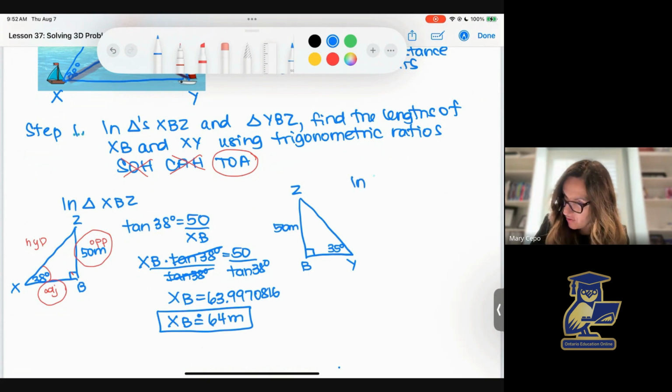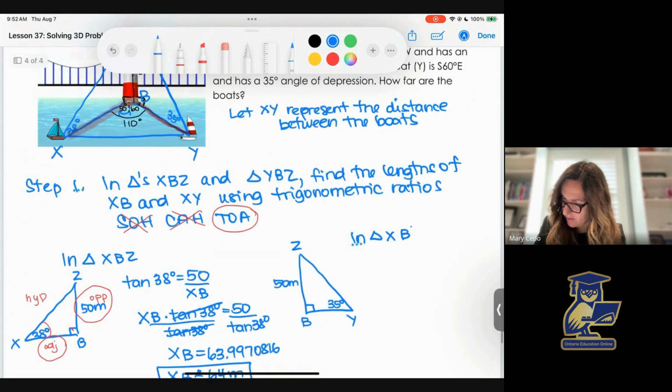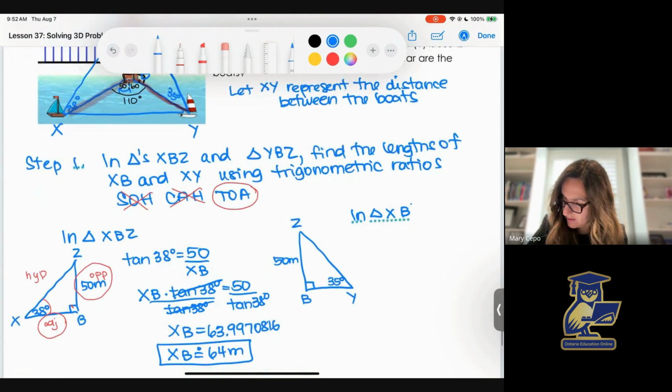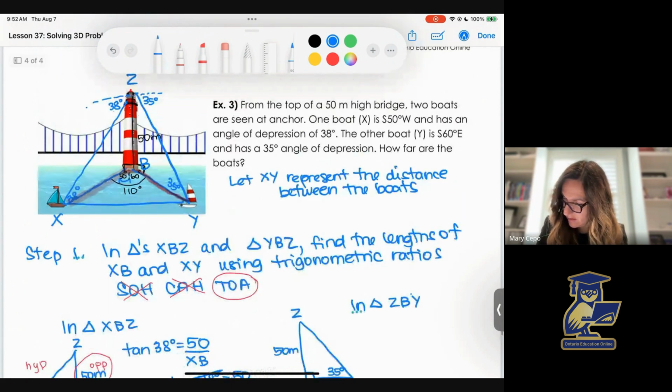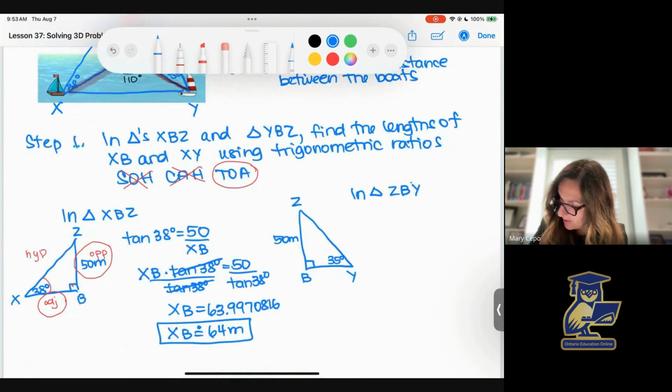So in triangle ZBY, again, we want to label. So this is going to be hypotenuse, opposite, and this would be adjacent. So again, we need the adjacent, and we're given the opposite.